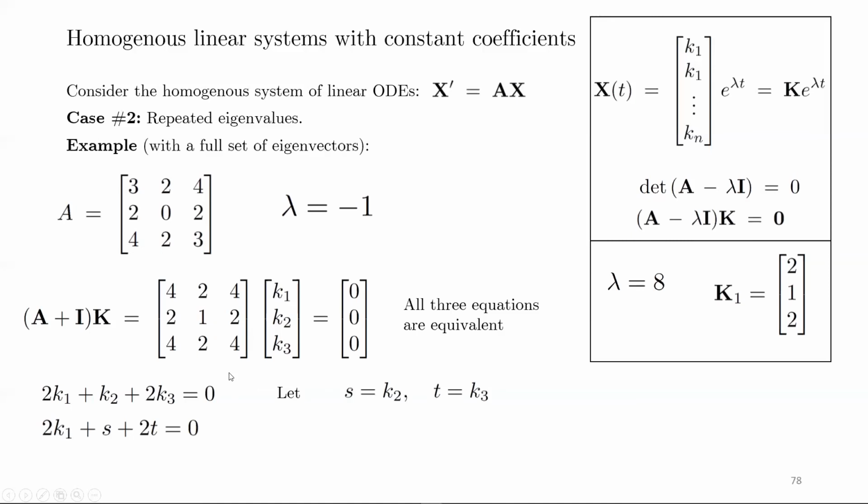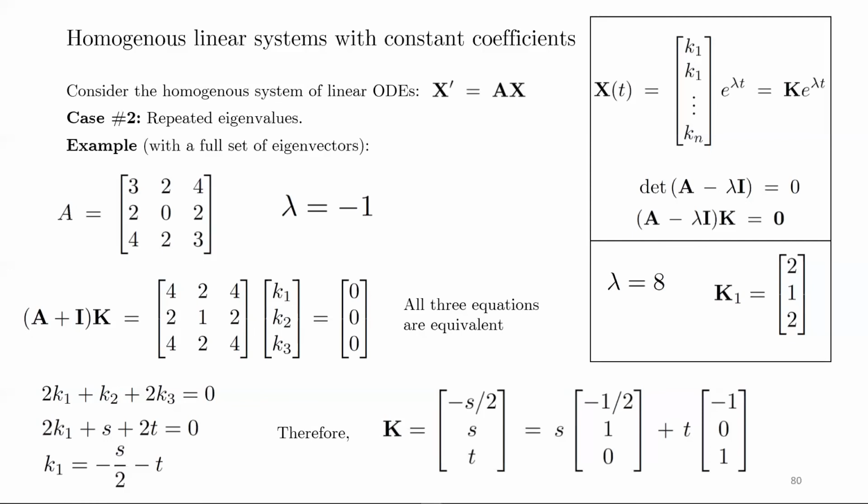Therefore, I can rearrange for k1 to find k1 is equal to minus s over 2 minus t. So I can write my solution, my eigenvector k, as negative s over 2 minus t, s, and t, which I can split up into two parts, a part associated with s and a part associated with t.